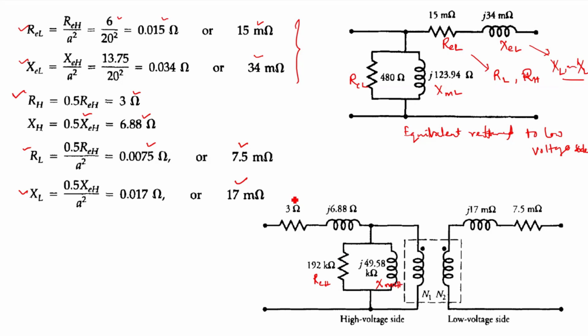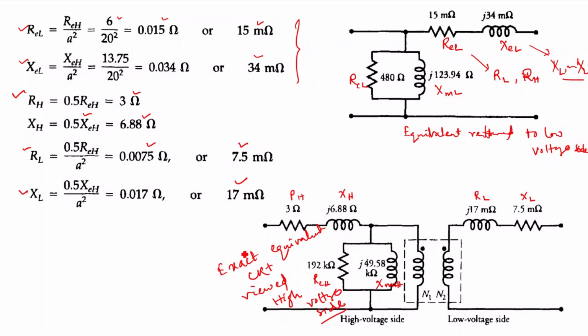And this is your RH, this is your XH, and this is your RL and XL. So this is your exact equivalent circuit, right? When viewed from the high voltage side, right?